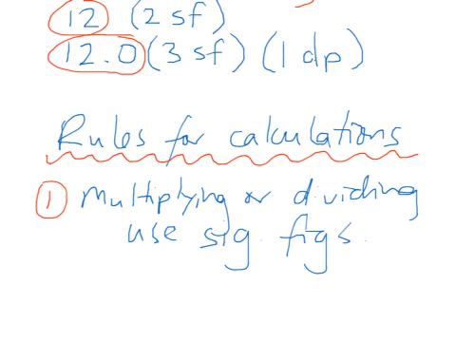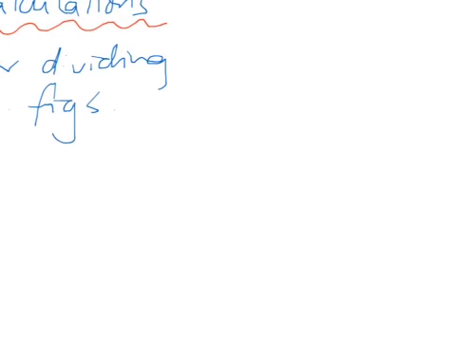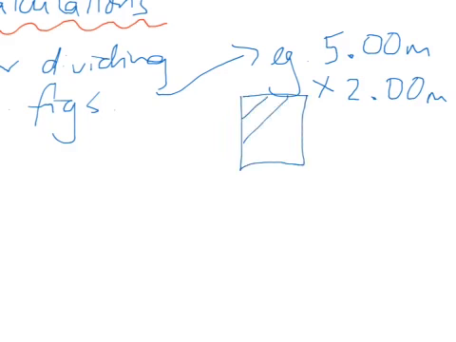We may as well do this as a full example. Let's move that over here. Here's our example. 5.00 metres times 2.00 metres. So this could be a square that we're measuring and we're trying to find the area.